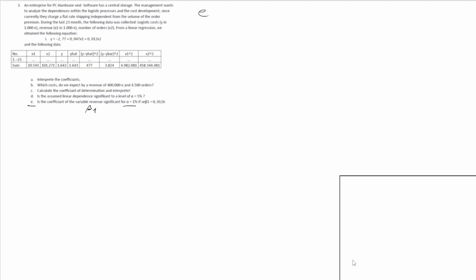Significant now for a level alpha equals 1% if the standard error of beta 1 is 0.162. Well, and this means now H0: beta 1 equals 0, H1: beta 1 not equal to 0 for alpha equals 1%.